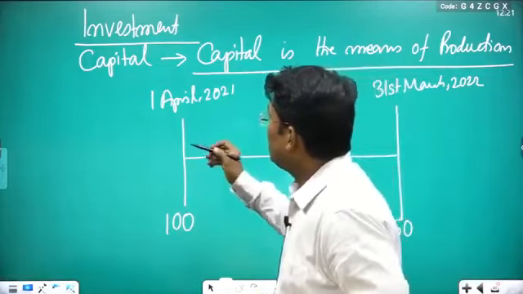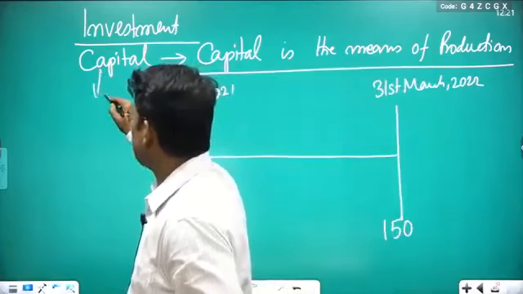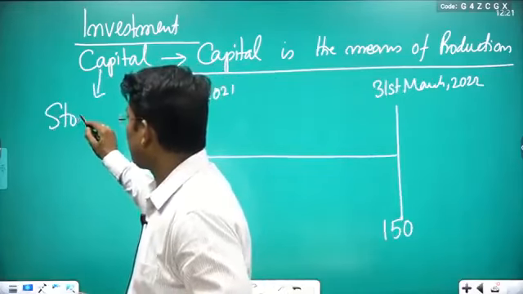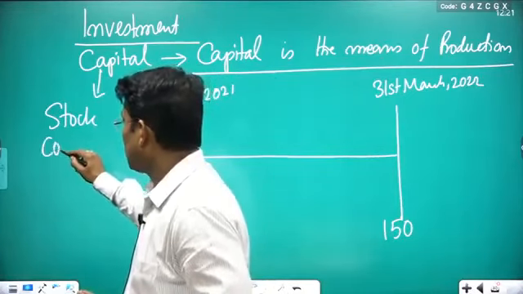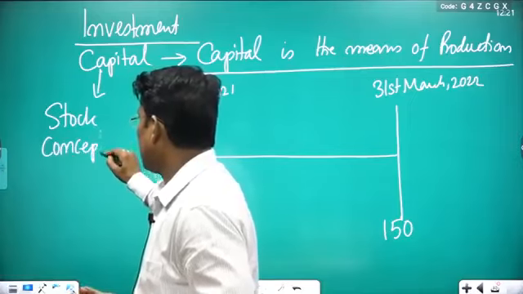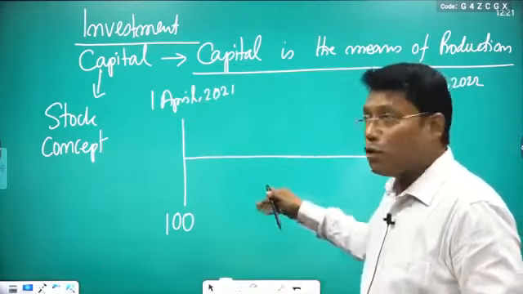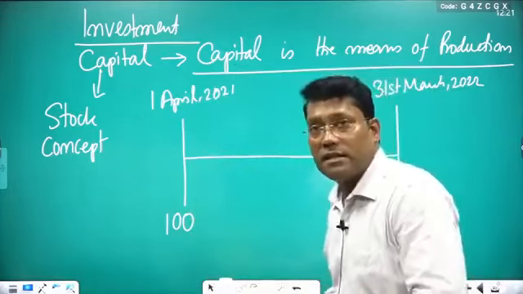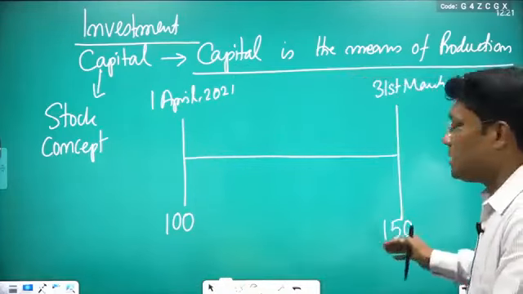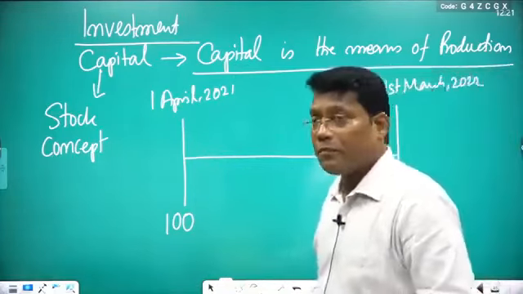So capital is a stock concept, because you're measuring at a point of time. On 1st of April your capital is 100, on 31st March capital is 150.